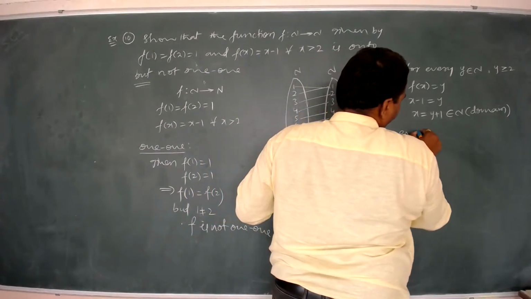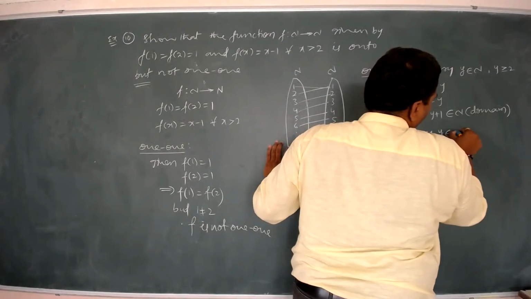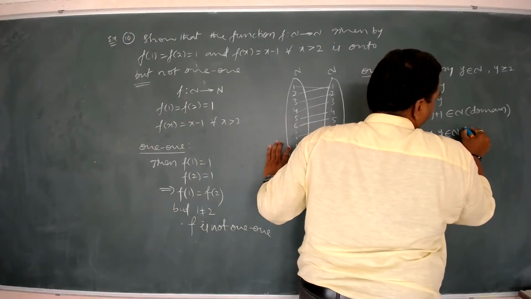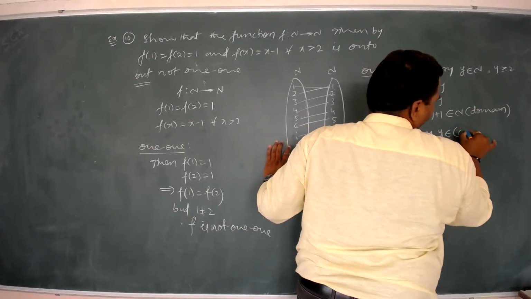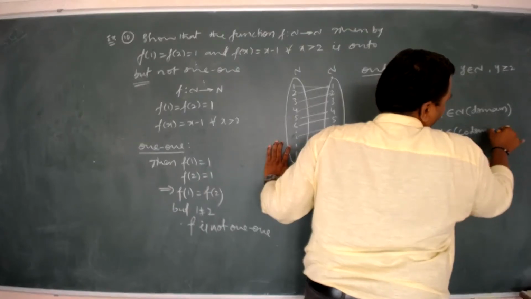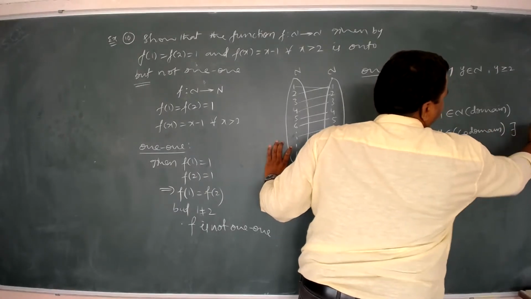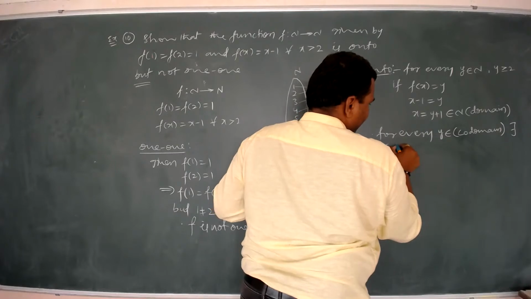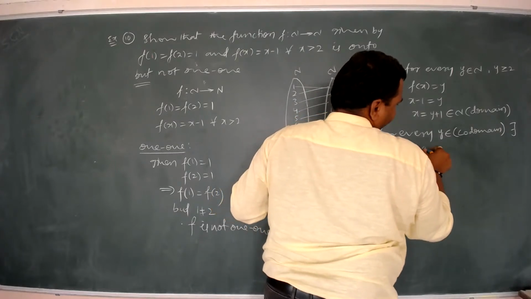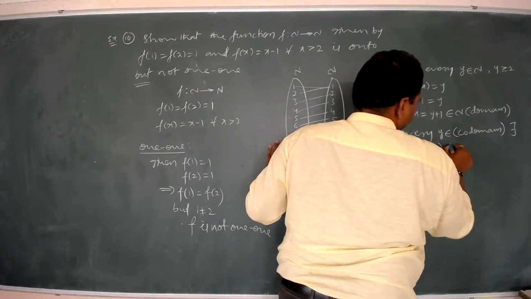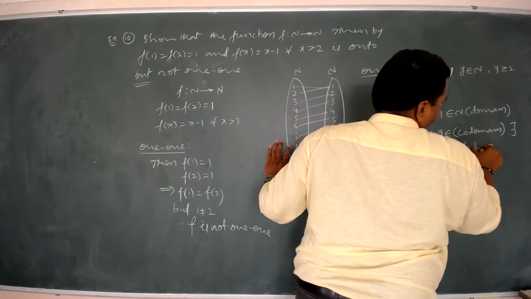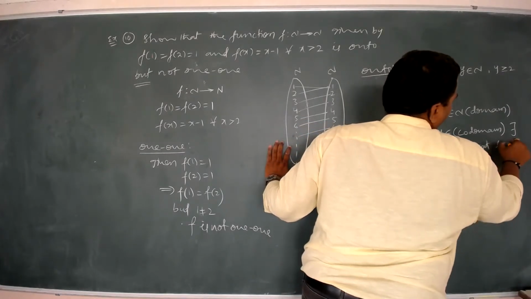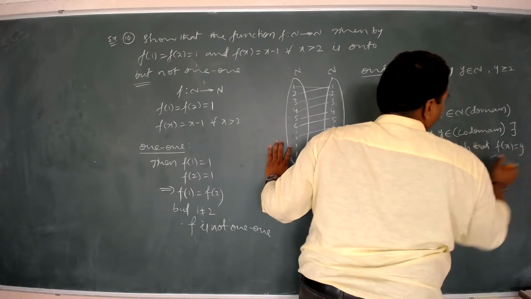Simply write for every y belongs to domain, there exists x belongs to domain such that f of x equal to y.